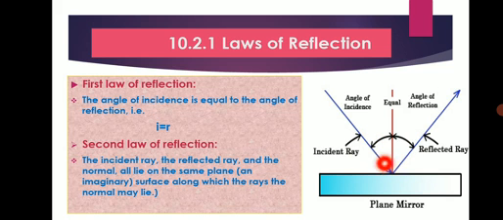Now there is an angle. Here you can see the black line represents the angle. This angle between the normal and the incident ray is known as the angle of incidence. Now the angle between the reflected ray and the normal is known as the angle of reflection.